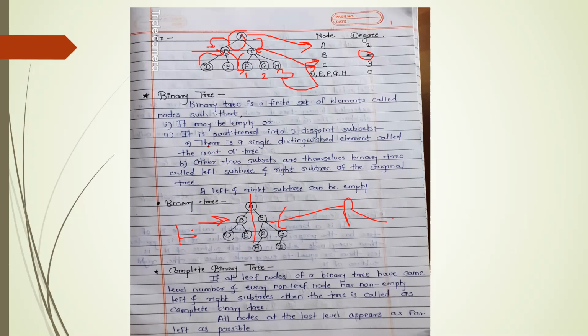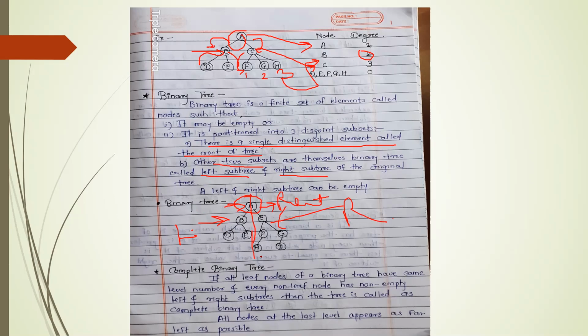First subset is the single distinguishable element called the root. Means the first partition is the root, node A, and the other two subsets: first is the left subtree and second is the right subtree. Means a binary tree is divided into 3 parts: root, left subtree and right subtree.